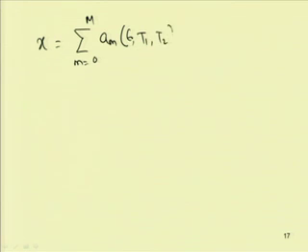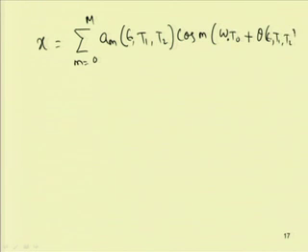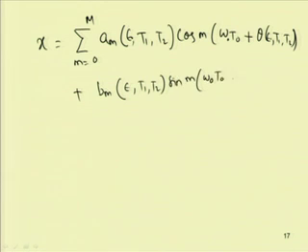If we take only up to two terms, we can write A_m(epsilon, t1, t2) cos(m omega 0 t0 plus theta), where theta is also a function of epsilon, t1, t2, plus B_m(epsilon, t1, t2) sin(m omega 0 t0 plus theta(epsilon, t1, t2)).